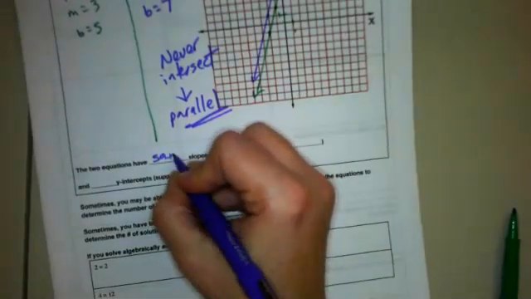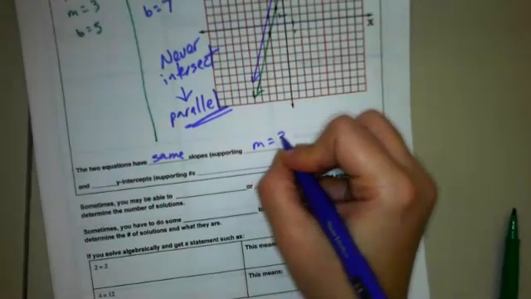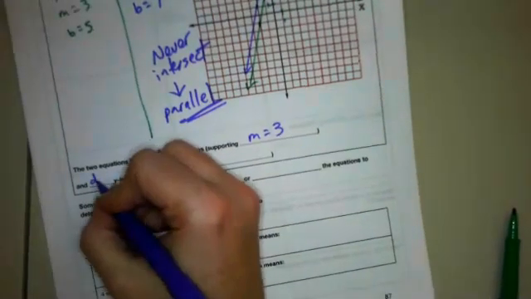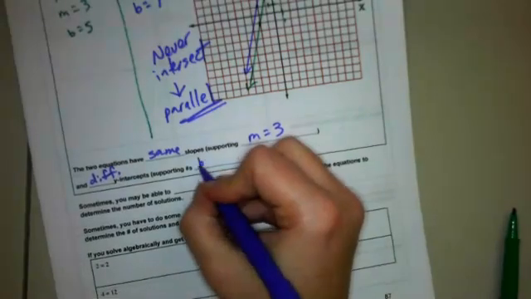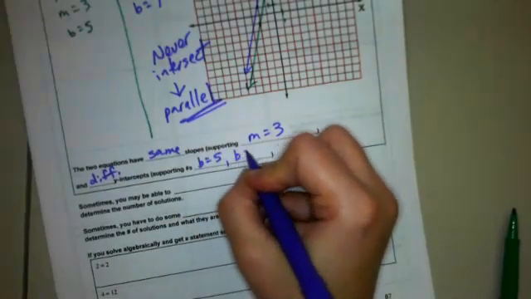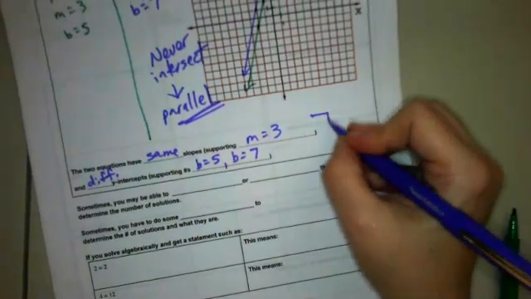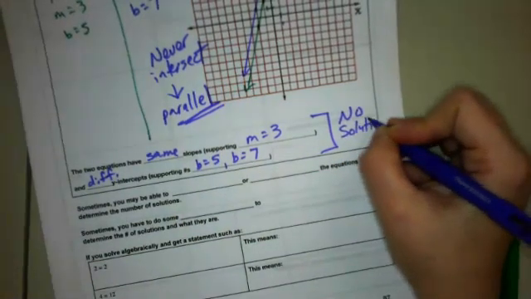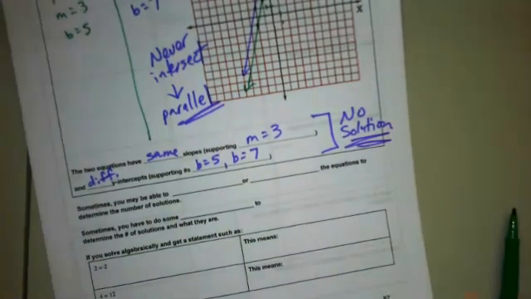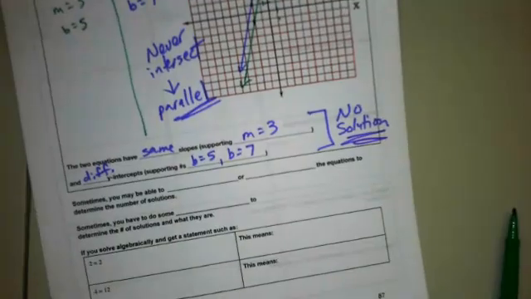So the takeaway from that is that the two equations have the same slopes, m equals 3, and they have different y-intercepts, one was 5 and one was 7, which means no solution. No solution. That's what that means.